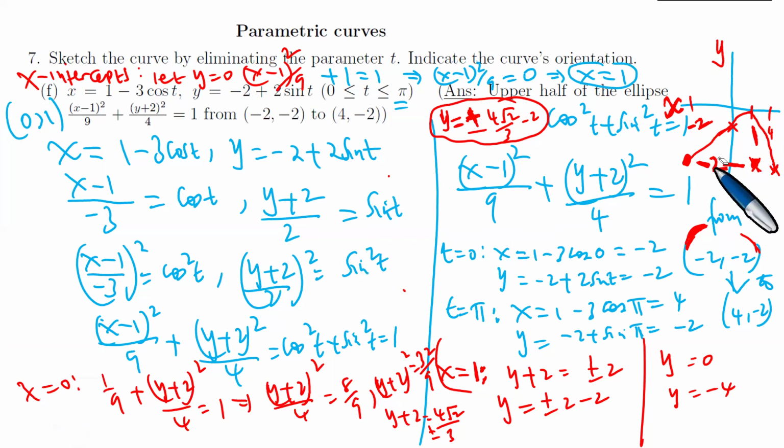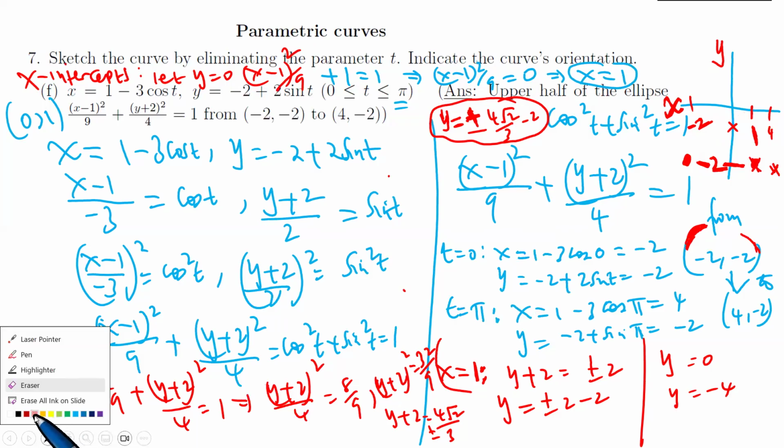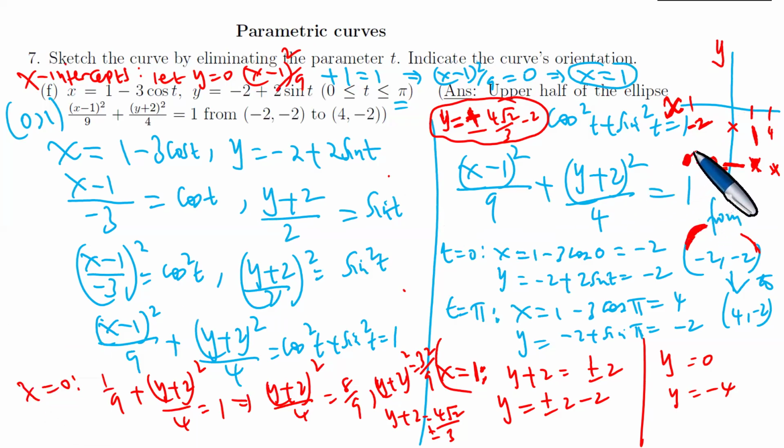Okay, that is sort of the shape. You can see that it's going to have its x-intercept at 1, and then it's going to go on like this. But is it going to come here? It's an ellipse, so it was supposed to also come down here like this.